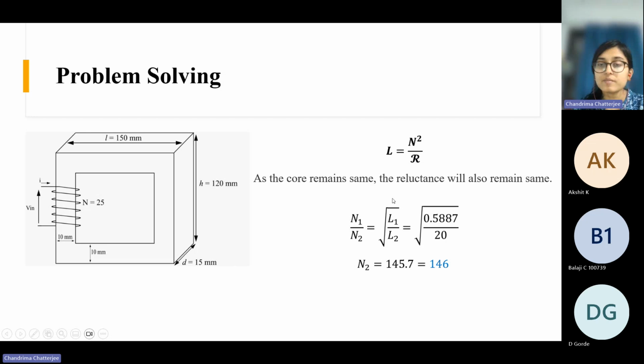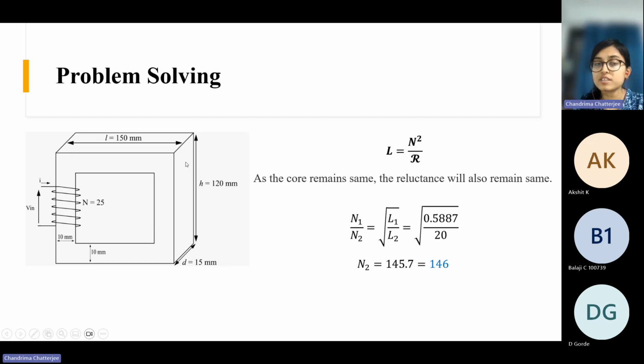It is very easy. The same relation we can use. So basically L value, we know what is L1, what is L2. They have said that we can use the same core. As long as the core is the same, the reluctance will be the same, because reluctance depends on the core dimension and the core permeability.